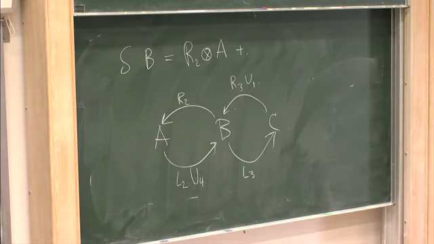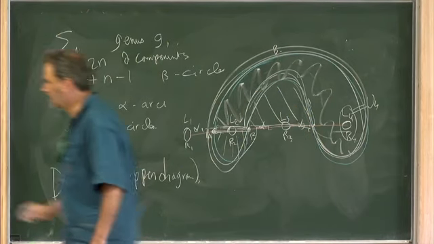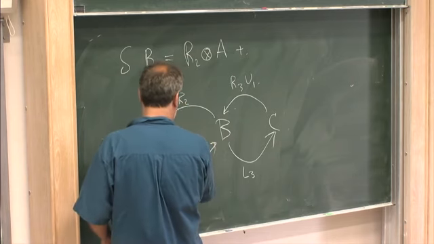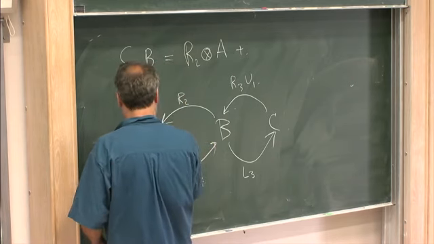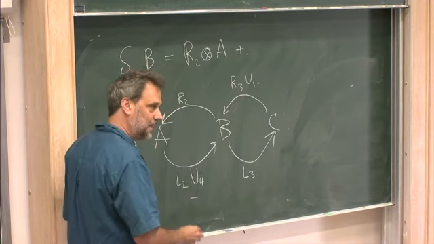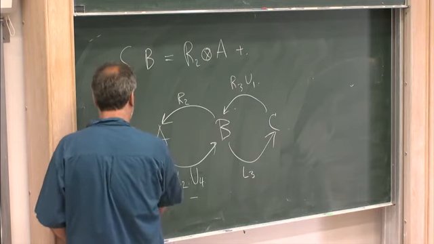So for example, if I do A, come out here, and then I come back, then my square is L2 times U4 times R2. That square, I have some relation which says that L2 times R2 is what we call U2.